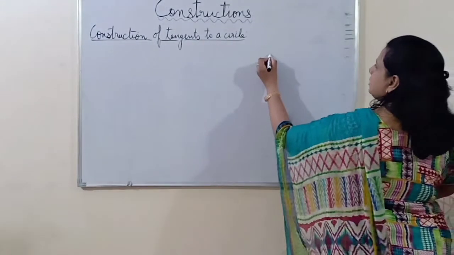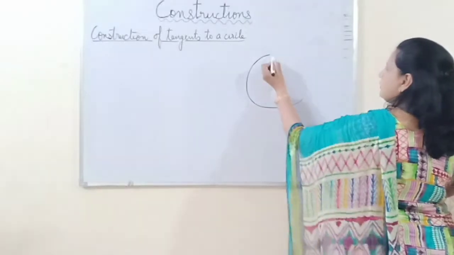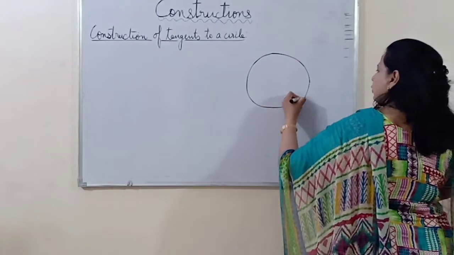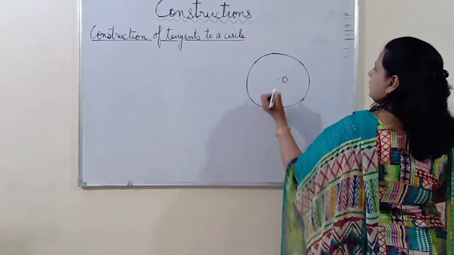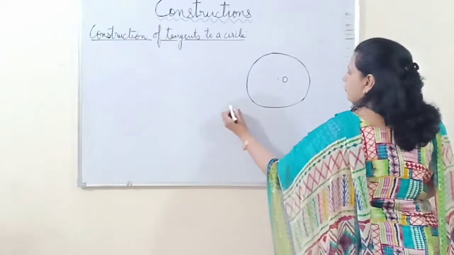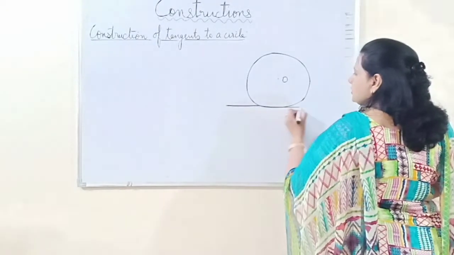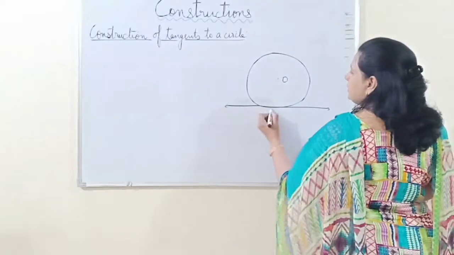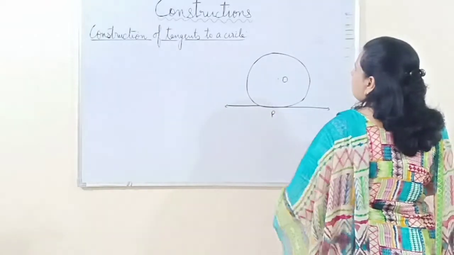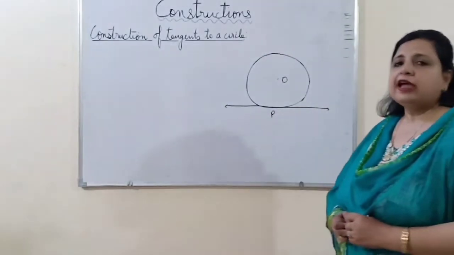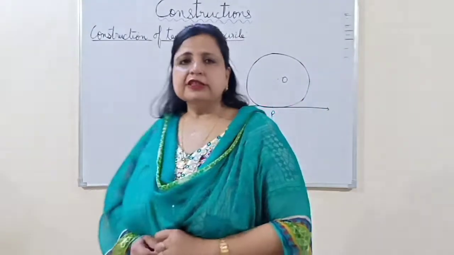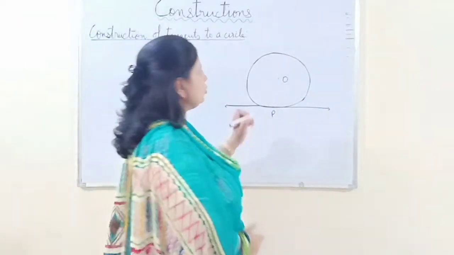That the tangent at any point of a circle, for example, this is a circle with center O, and if a tangent is drawn to a circle intersecting the circle at P, so the tangent at any point of a circle is perpendicular to the radius.